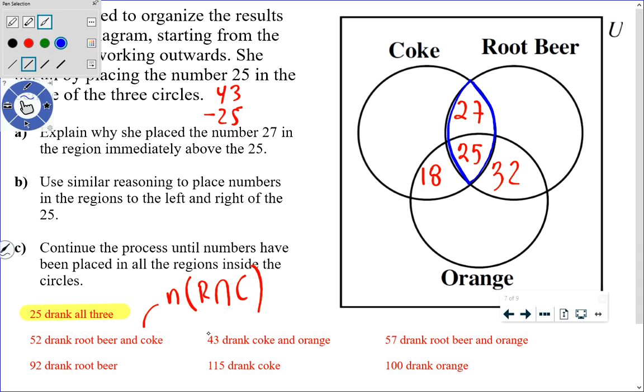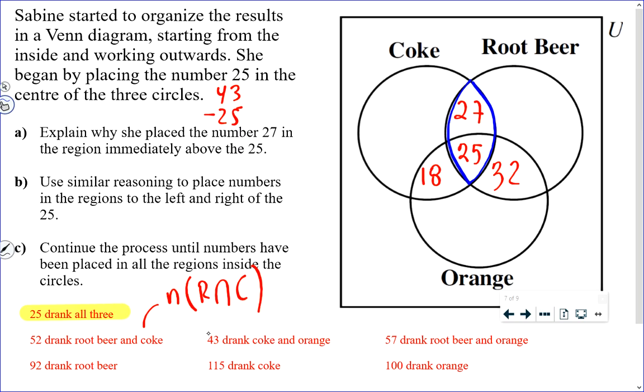Does that give us 52? Yes. 27 plus 25 is 52. 43 are Coke and orange. That is this region here. Does that add to give 43? Yes. 57 are root beer and orange. Root beer and orange are this region. Does that region contain 57?